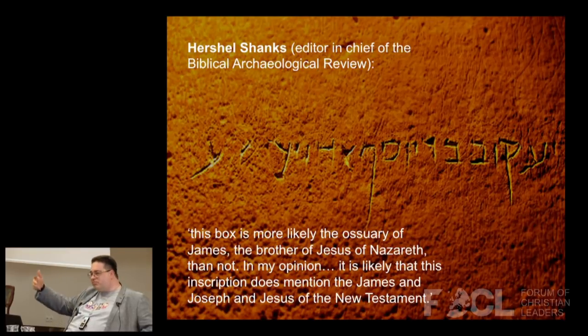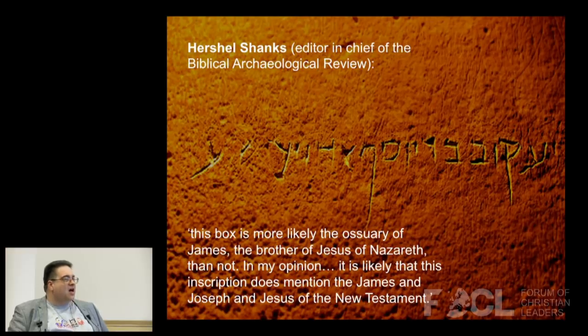To put your brother on there would be an indication that that brother was someone well known and important, and so on. So it is thought that the statistical likelihood is, as Herschel Shanks says, that this inscription does mention the James and Joseph of Jesus of the New Testament. You can't say it proves it, but you can say there's good plausible evidence for it.